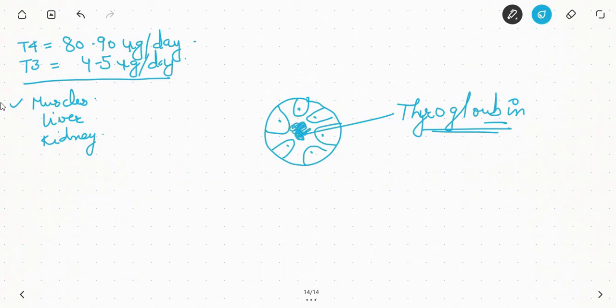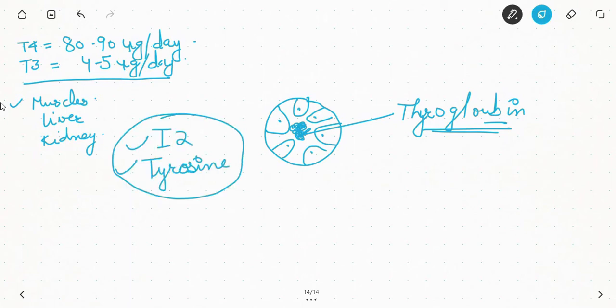Iodine and tyrosine are essential for formation of the thyroid hormone. So which two components are necessary? Iodine and tyrosine. Iodine is consumed through diet and tyrosine is also consumed from the diet.